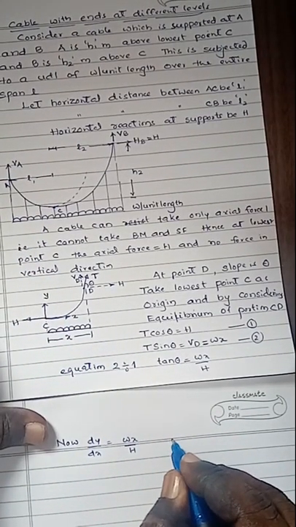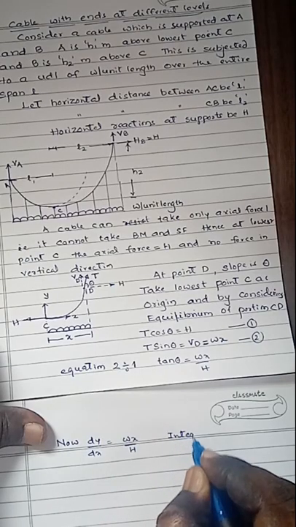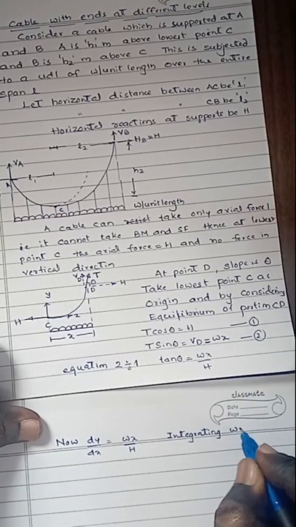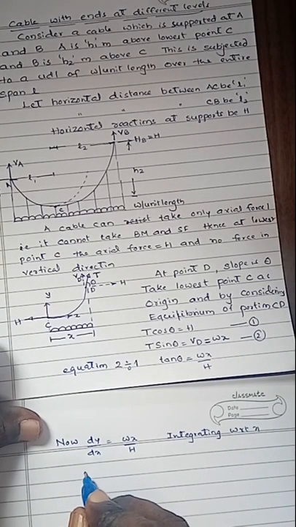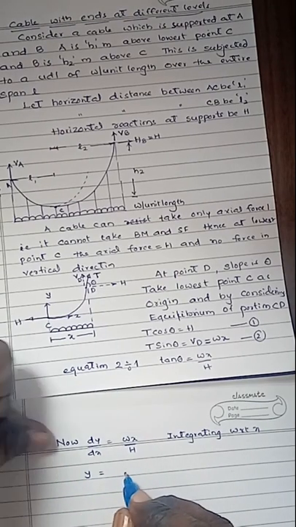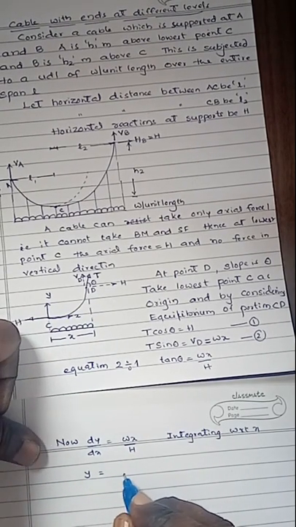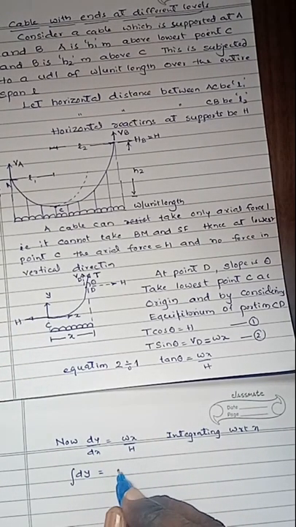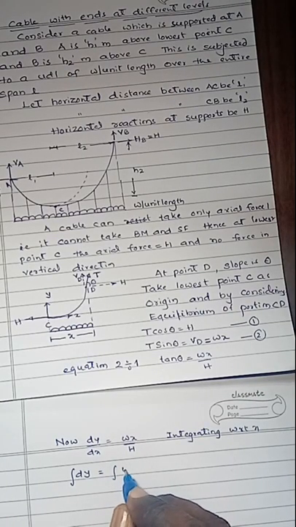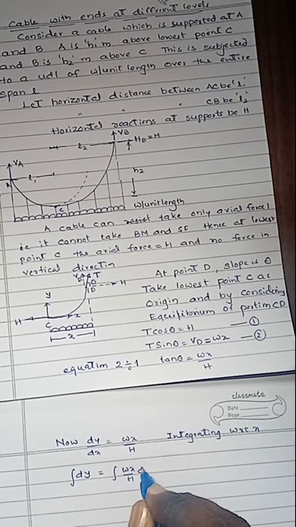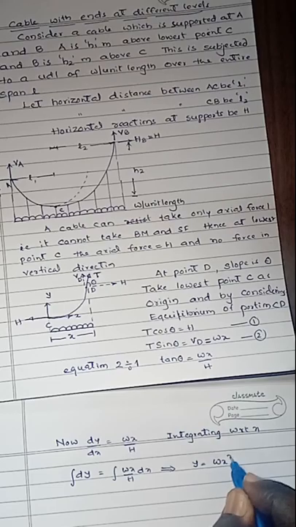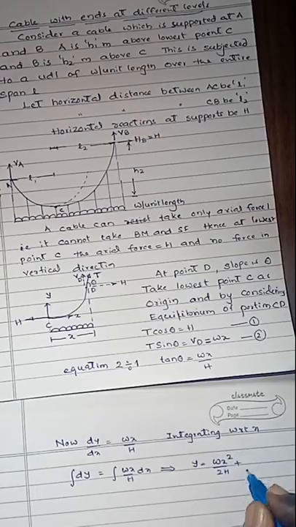Then integrating this equation with respect to x, we get y equals Wx square divided by 2H plus C1.